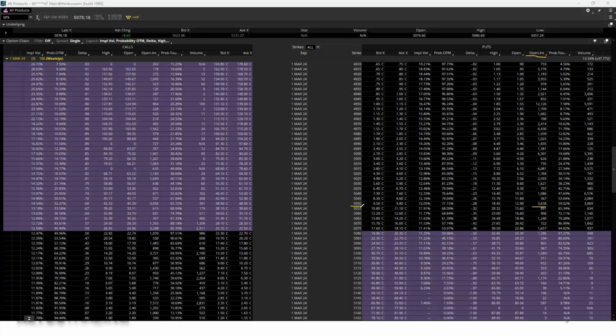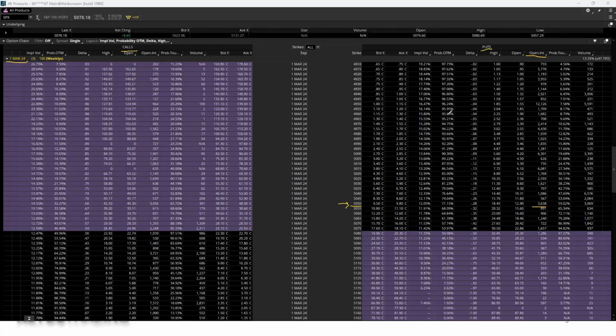What that measures is all of the long positions held at that strike price that haven't been closed out, exercised, or expired. Obviously, we're not at the March 1st expiration yet. So this tells us all of the open long contracts, and they report it for both puts and calls, just like volume.